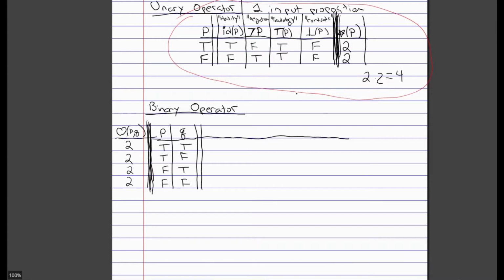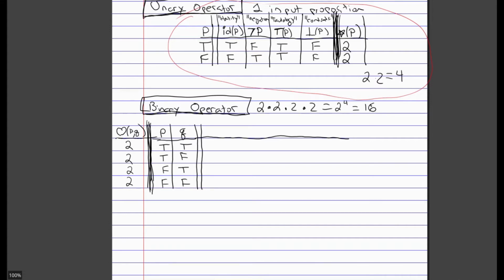And what that means, just like before, is that for binary operators now, remember before we were talking about unary operators, so function of 1 proposition, now we're talking a little bit more, we have binary operators. But again, if this could be a total of 2 values, and this could be a total of 2 values, this could be a total of 2 values, and this could be a total of 2 values, then the number of binary operators is 2 times 2 times 2 times 2, or 2 to the 4th, or 16.